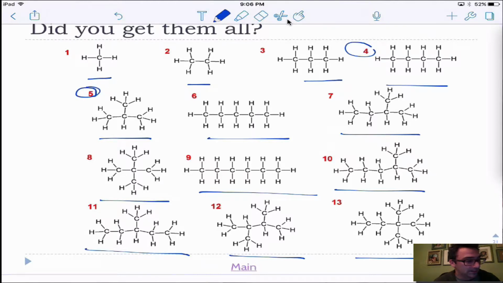And then pentane, it has a total of 3 isomers. And then hexane has 5 isomers. So the idea is to rearrange the atoms in order to get a different structure that has a different name and different properties.